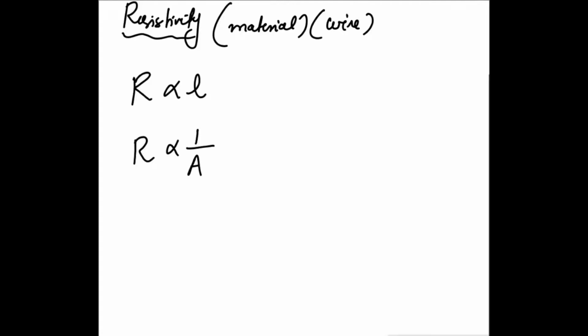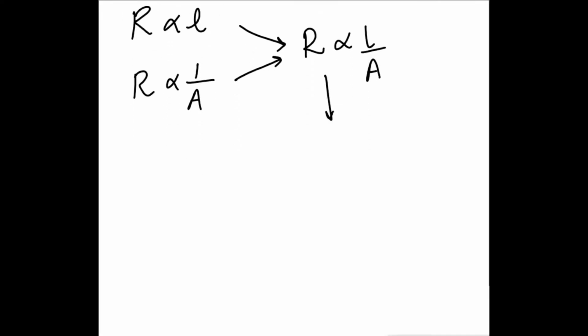All right, so if I combine both of these physical ideas, I get the equation that resistance is proportional to length over cross-sectional area, right? Now I want to convert this proportionality into an equality, so from simple mathematics I'll have to introduce a constant of proportionality for this equation.